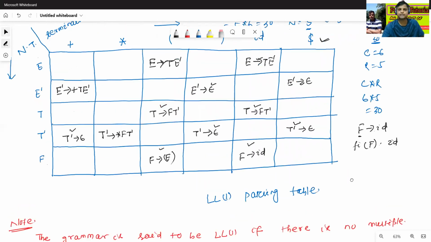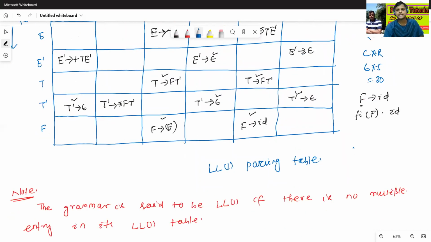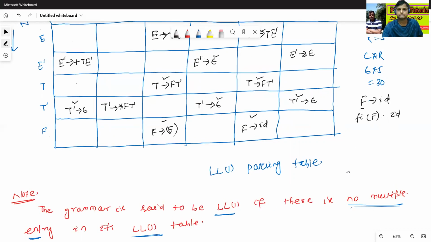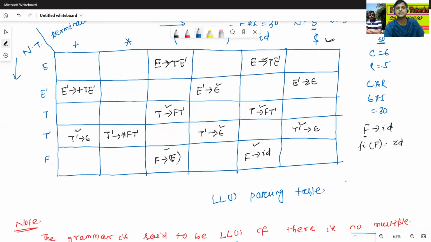Multiple entry means, if any box, this is one box, this is one box, contains two or more productions, suppose one more production like E prime to 2E, then this grammar is not LL1.